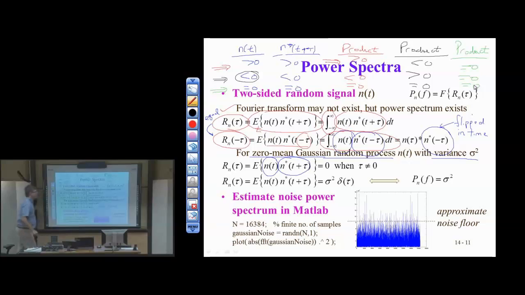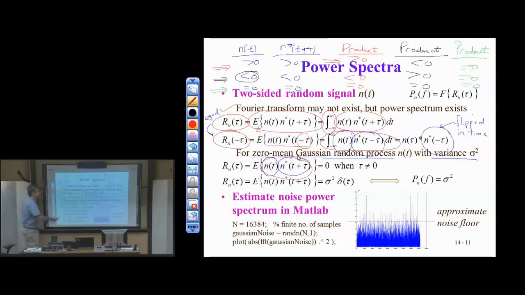But the takeaway here is that, again, the product of a noise multiplied by a shifted version of the same noise, for any point in time, so pick a point in time little t, they're independent statistically, sample to sample in this process.